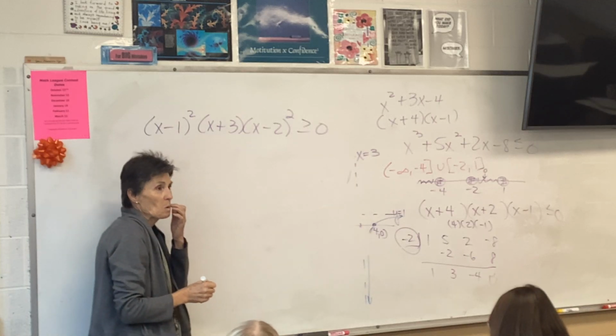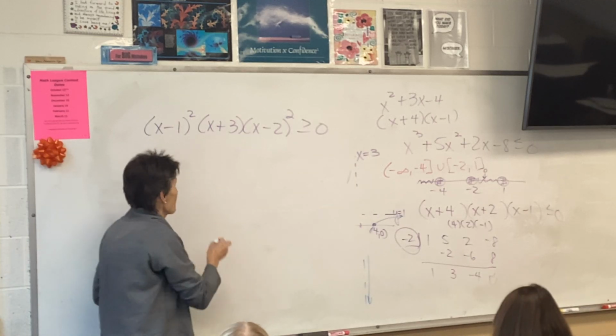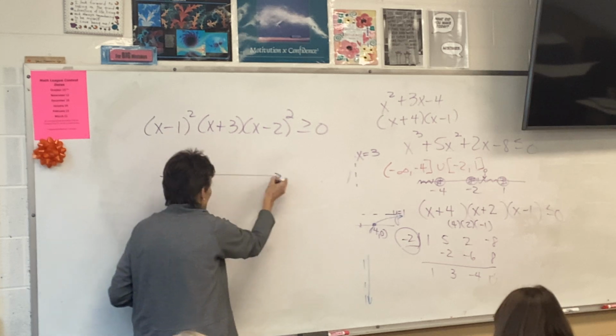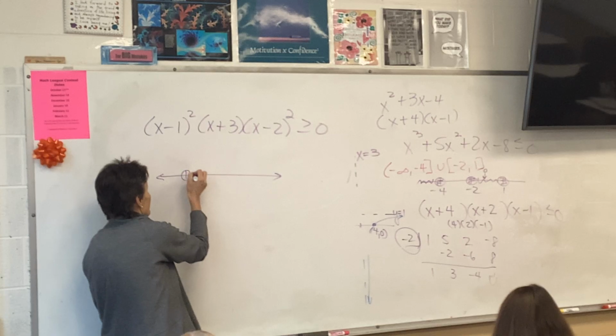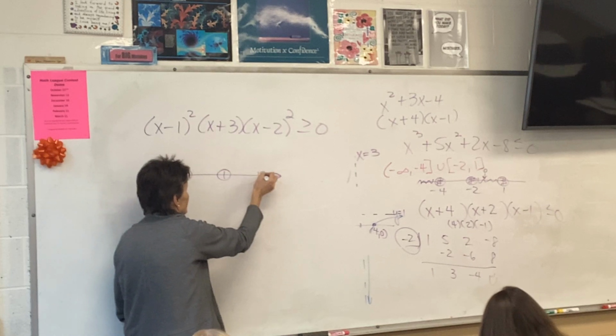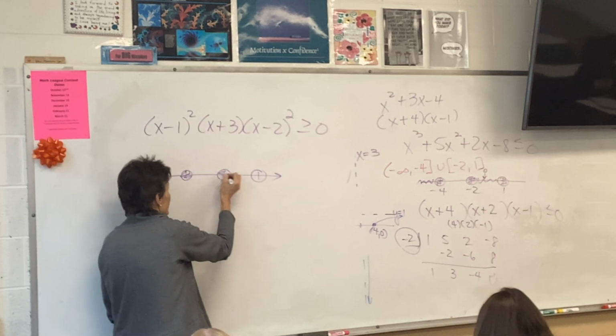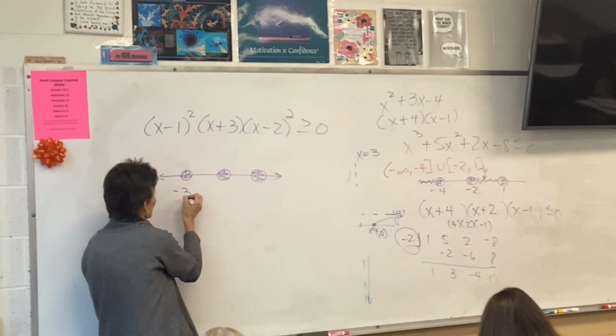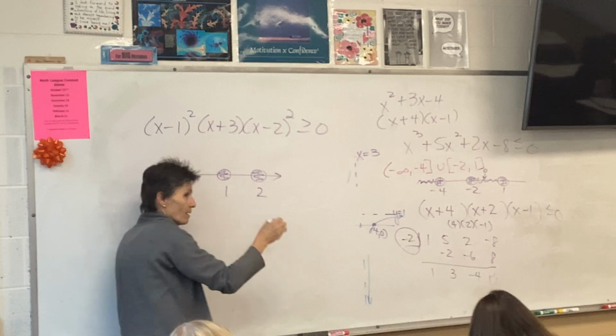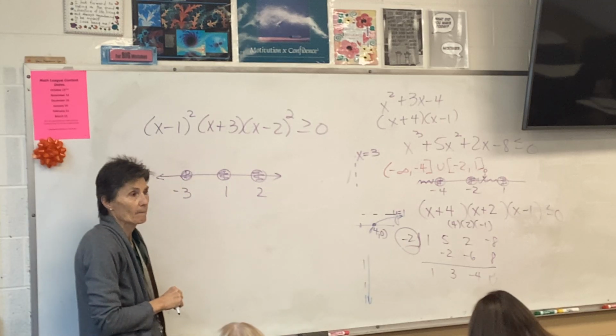What a joy. Okay, so the good news is, I've got my 3 dots. They're all colored in. And they are at negative 3, 1, and 2. Everybody good on that part?